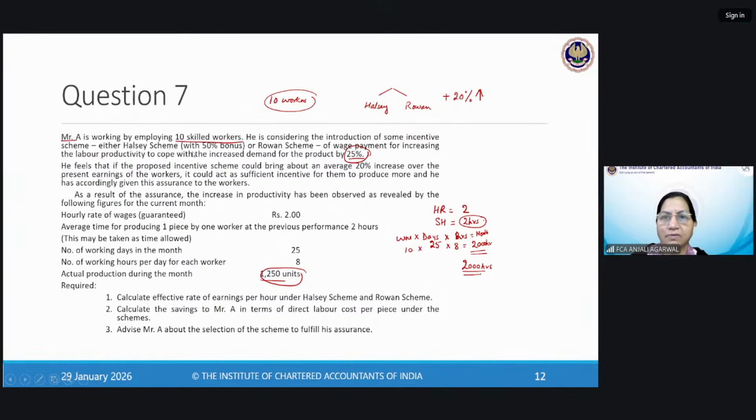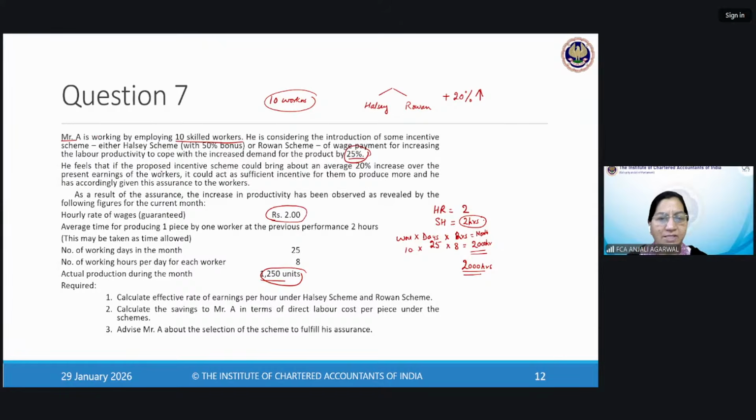The workers are being paid whatever already. Earlier, they would have been paid for 2000 hours without any incentive scheme. So calculate the effective rate of earnings per hour under the Halsey scheme and the Rowan scheme. The hourly rate of wages guaranteed is rupee 2 per hour.